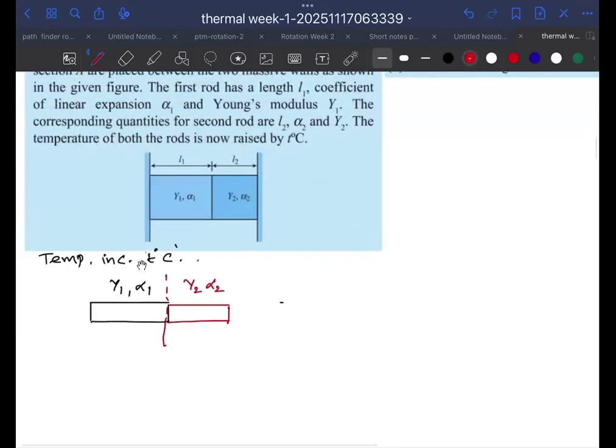Okay, remember this length is L1 and this length is L2.